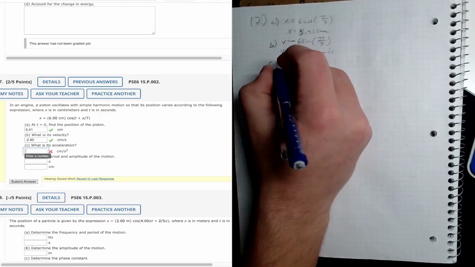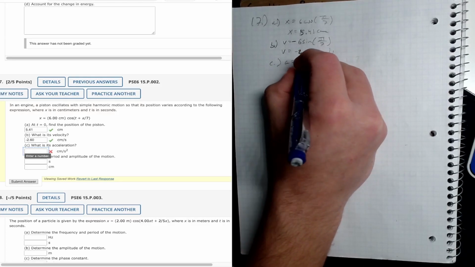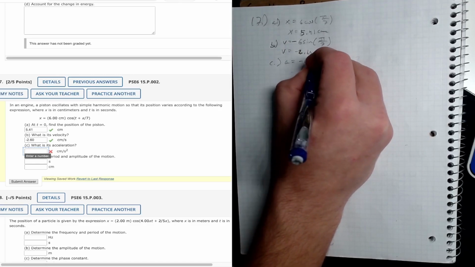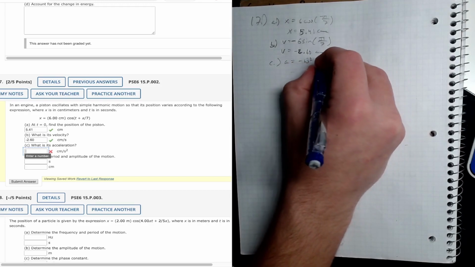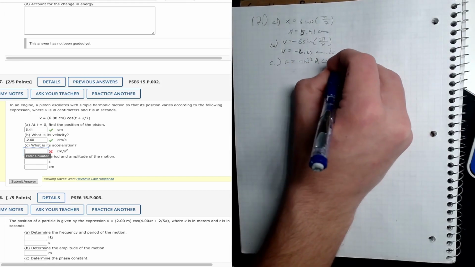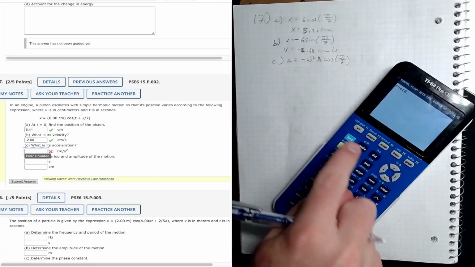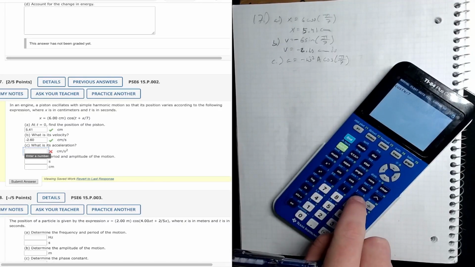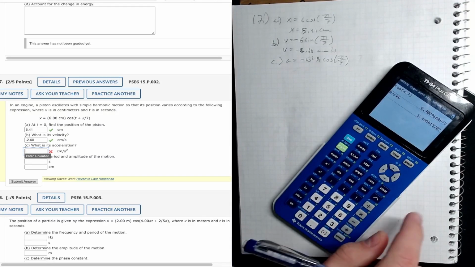So, we have our equation for acceleration, which is the derivative of velocity. It's going to be negative w squared A. In this case, w is still 1, so negative 1 times A times cosine of pi divided by 7 times 6 is 5.41.